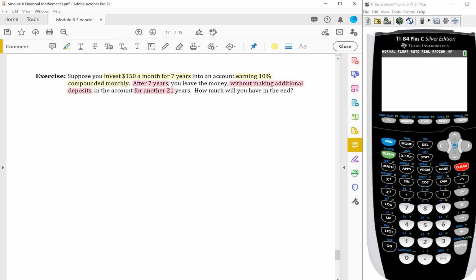Okay, now again, when you look at this, you want to see two different periods to her investment strategy. There's going to be this first period, which looks like a monthly contribution for 7 years. This can be modeled by a savings annuity formula.